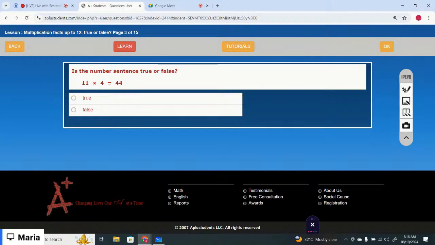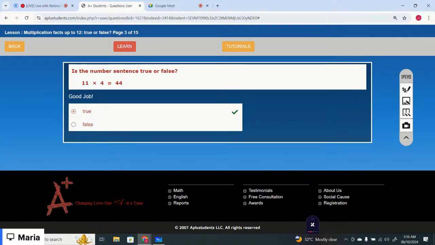That is true it is, right? 11 times 4 is 44. Option number 1 is the correct option.